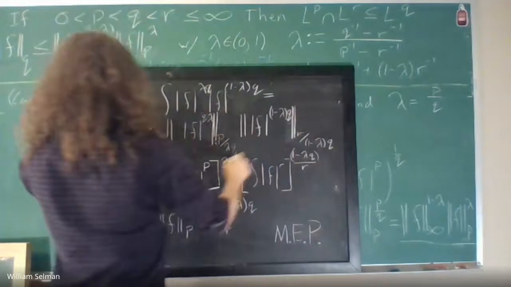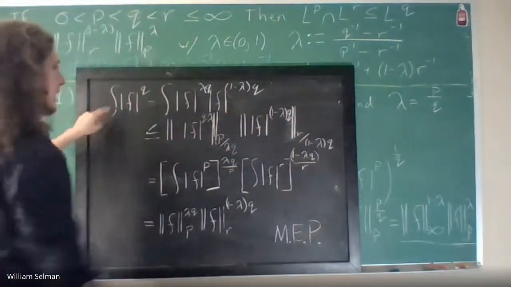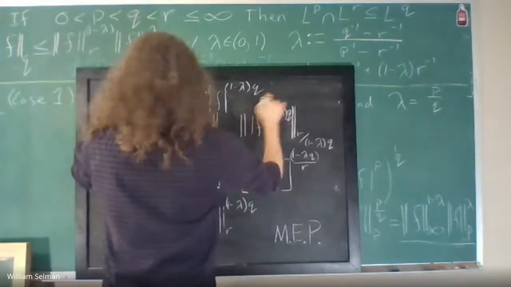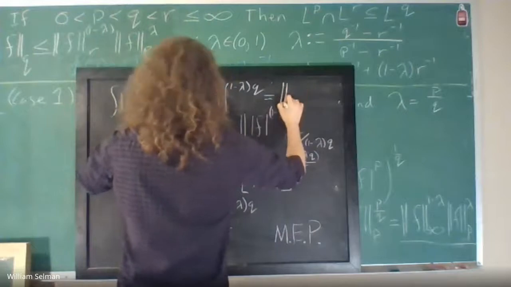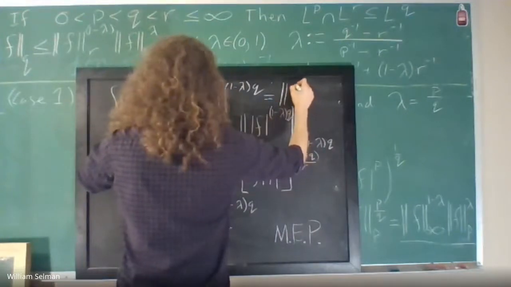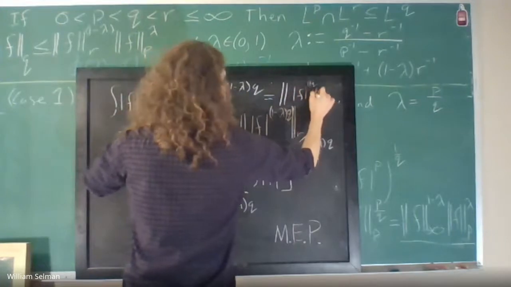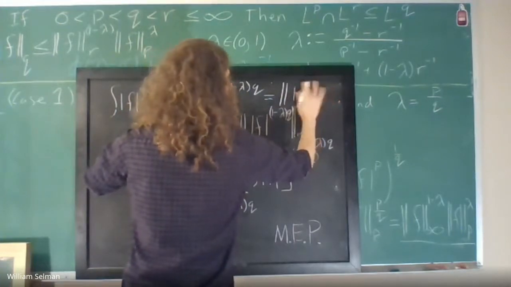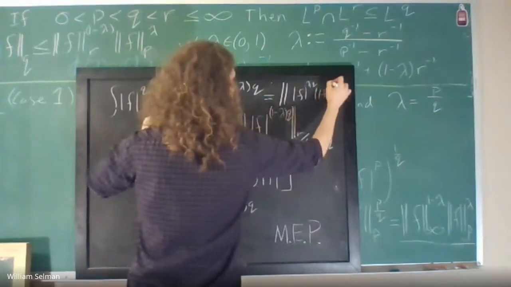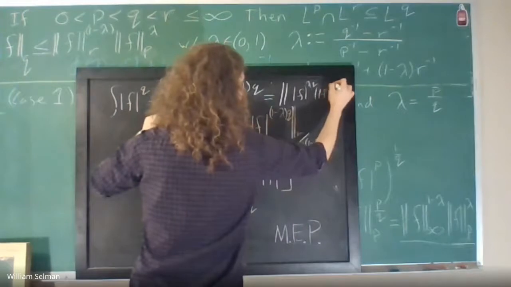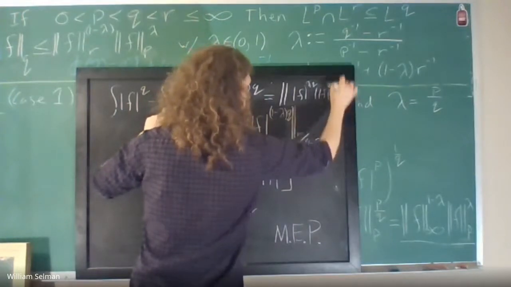sorry, yeah, so this is just the L1 norm of f lambda q, f 1 minus lambda q.